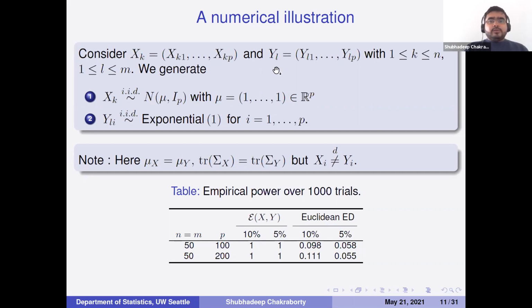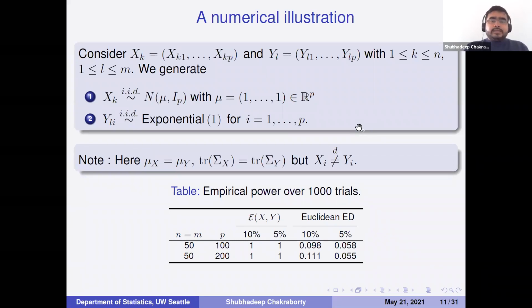And for Y, we sample each of these components independently from an exponential distribution with unit mean. So clearly the mean vectors for both X and Y are identical and their variance elements are identical as well. But clearly X and Y do not have identical distribution.